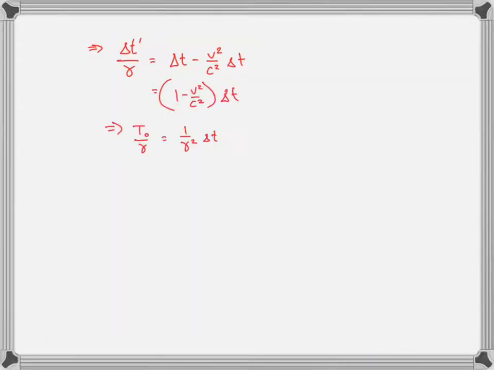So delta t equals gamma delta t prime. The first thing to notice is that we're simply showing that you're measuring a different time in Mary's reference frame and Frank's reference frame, right? So Mary is measuring this time and Frank is measuring this time.